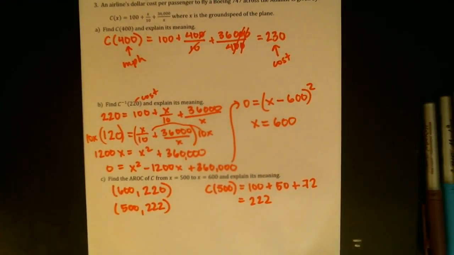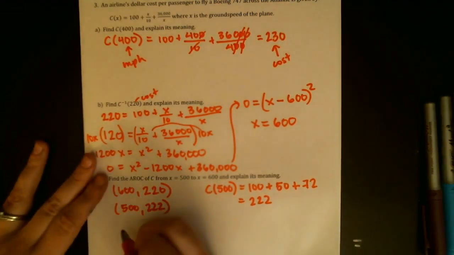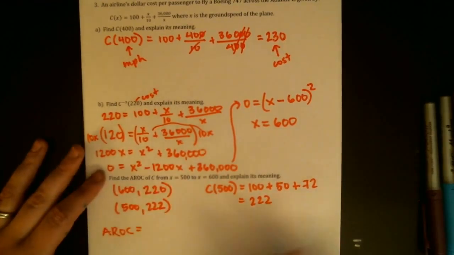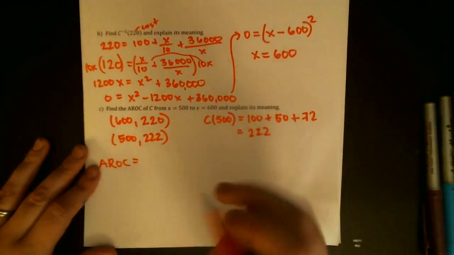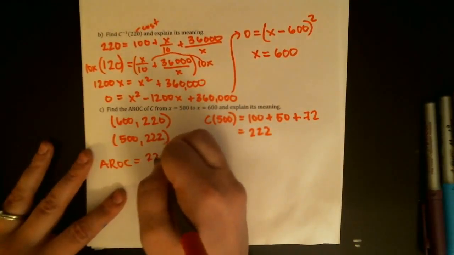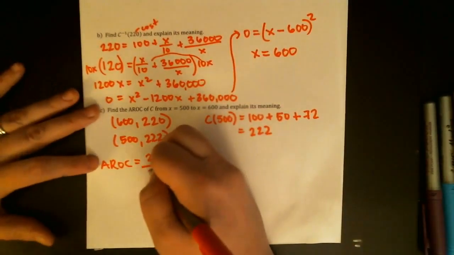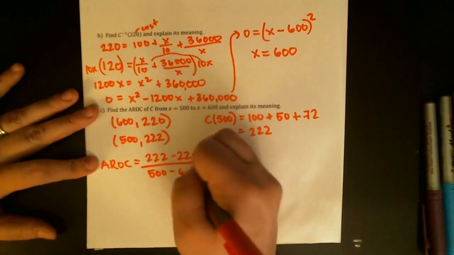Okay, so average rate of change, again, remember the calculation part of this is just calculate slope. So let's do 222 minus 220 over 500 minus 600.